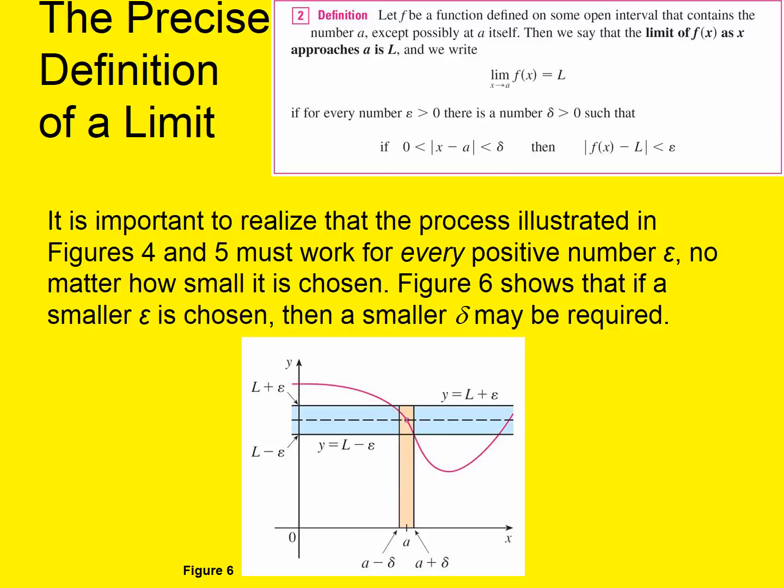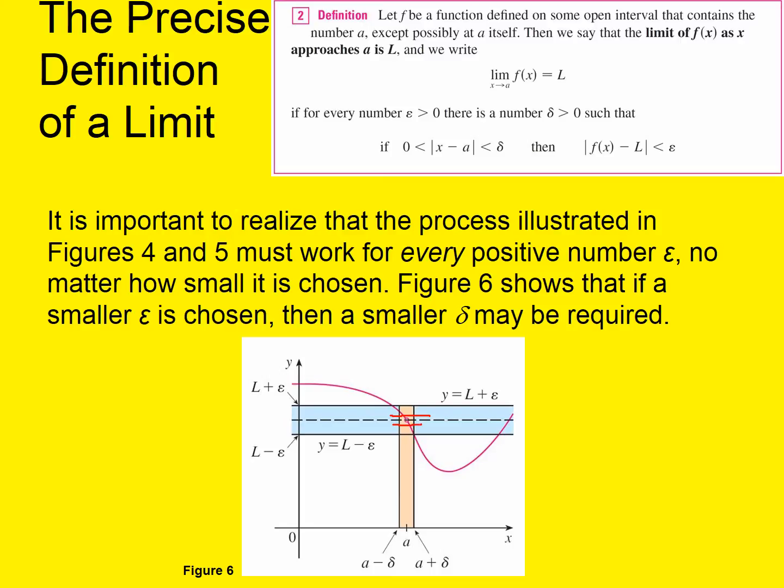It is important to realize that the process illustrated in figures 4 and 5 must work for every positive number epsilon, no matter how small it is chosen. Figure 6 shows that if a smaller epsilon is chosen, then a smaller delta may be required. Okay, so maybe they came up with a really small delta so that the goal is to get f of x between these two horizontal lines.